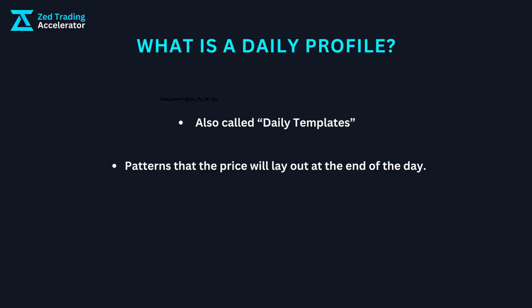So these are the patterns that the price will lay out at the end of the day. For example, right here, we have our 12 a.m. midnight open. For example, we are bullish. We are creating the low of the day at the London kill zone, and then the price started shifting, going higher.